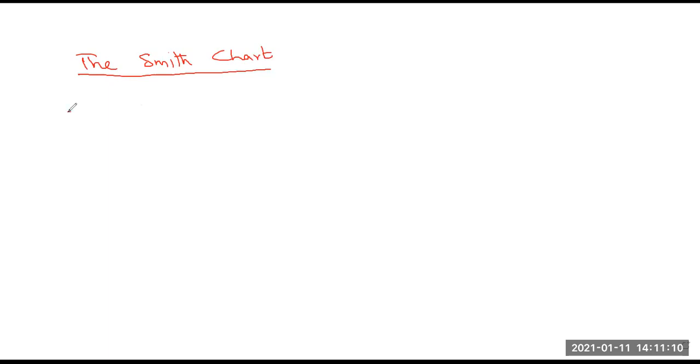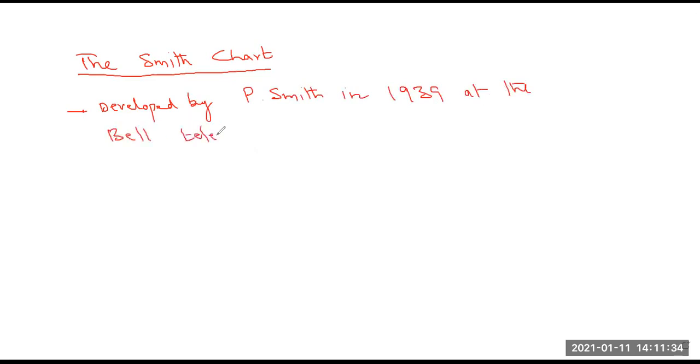That is why this chart is known by the inventor's name, that is, Smith.